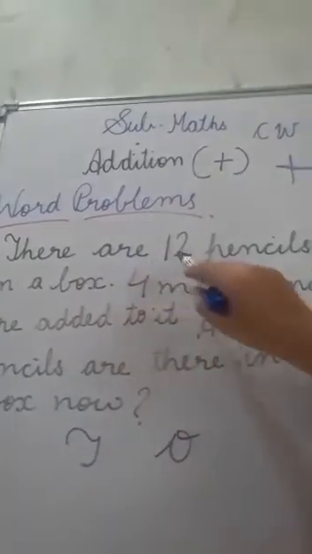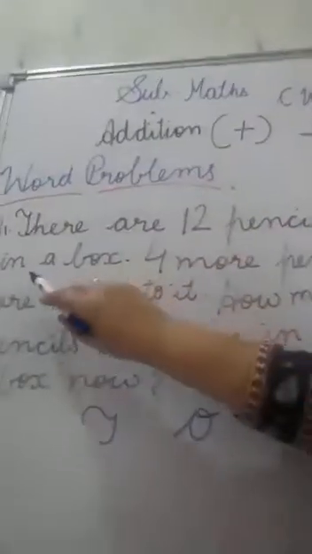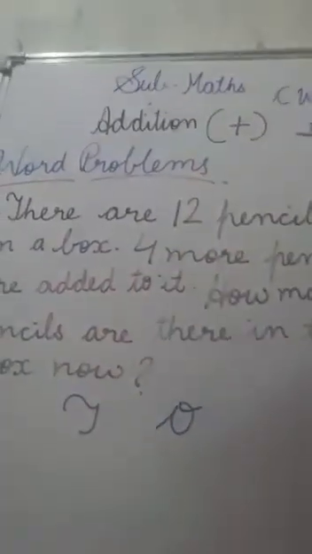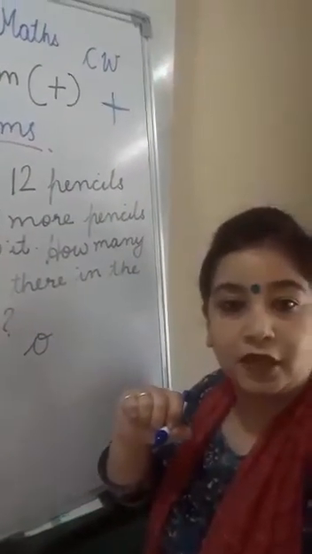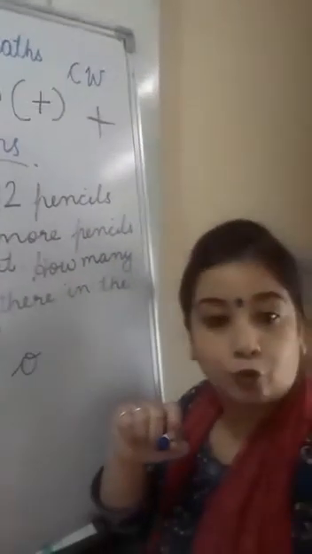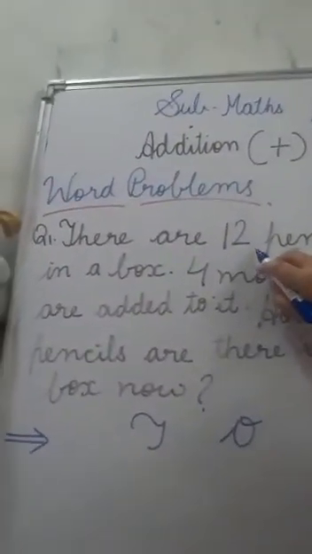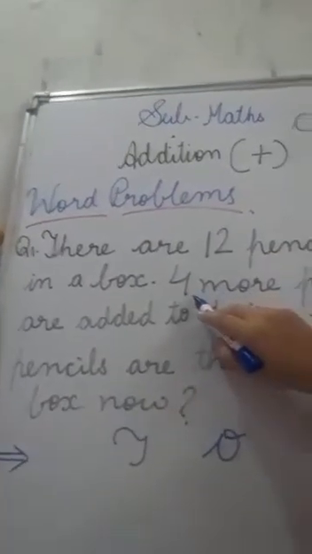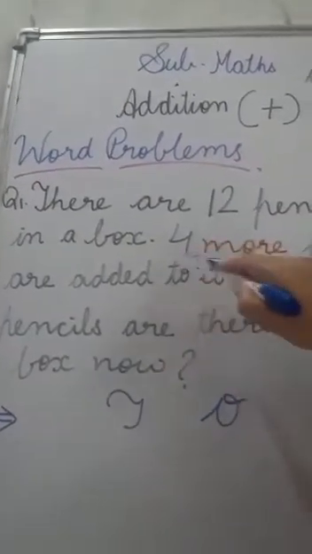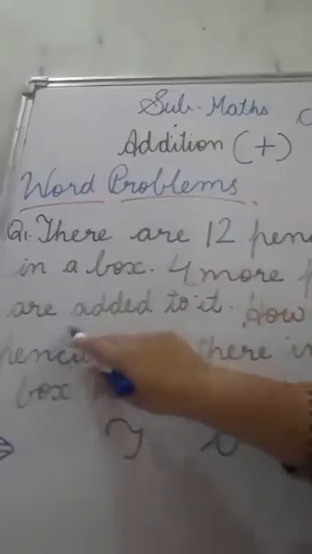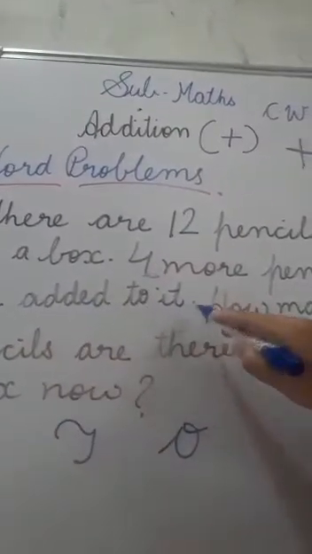See, there are 12 pencils in a box. So it means in a box, how many pencils are there? Look at here. 12. Yes. In a box, there are 12 pencils. After this, 4 more pencils are added to it.